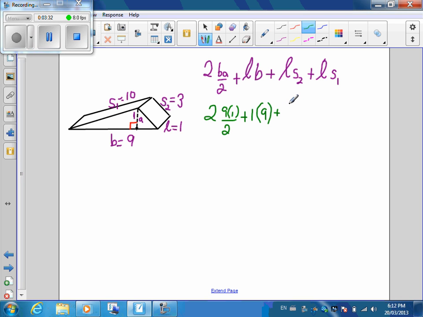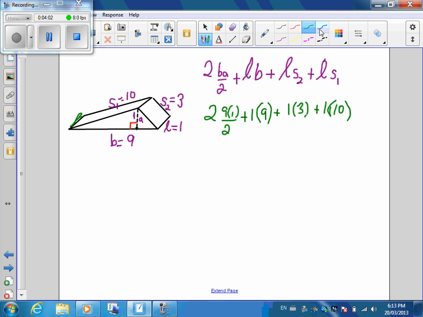The length of 1 with the second slope, because we put S2 first, so that's 3. And the last one, that length right here, the length on the wall, the length of 1 times S1, which is 10.